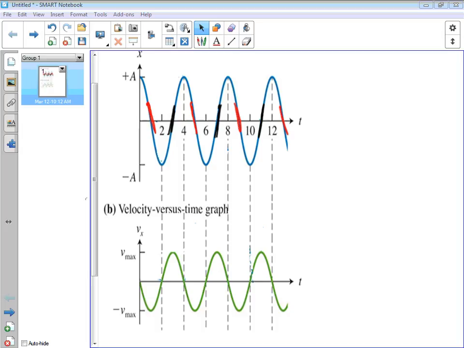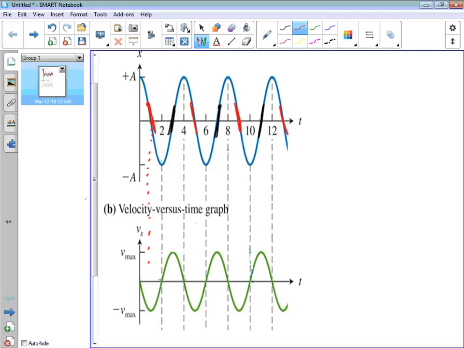Okay, so what I did was I marked them in black and red. What is the red? The steepest negative. What happens when I'm at my steepest negative? That's when my velocity is largest, negative. Likewise, and so on, right?